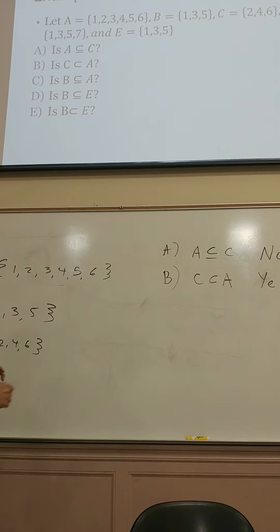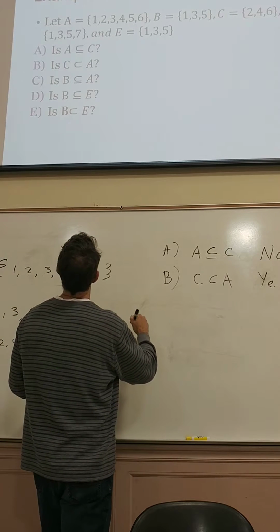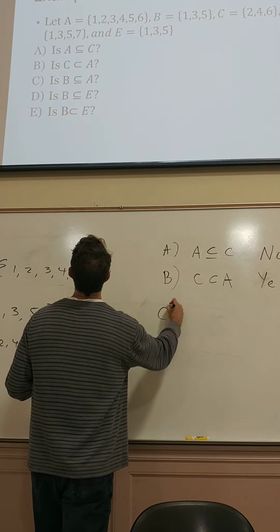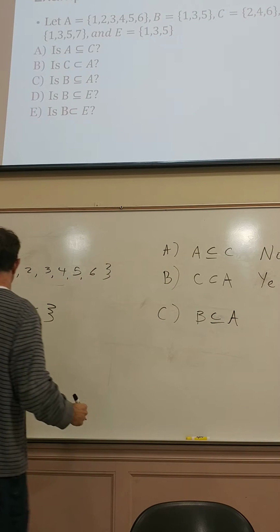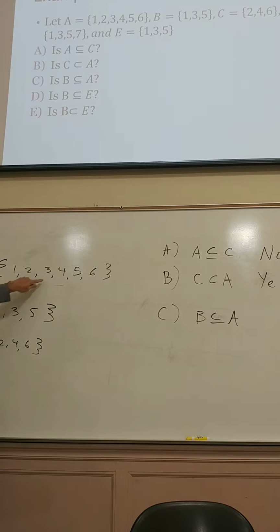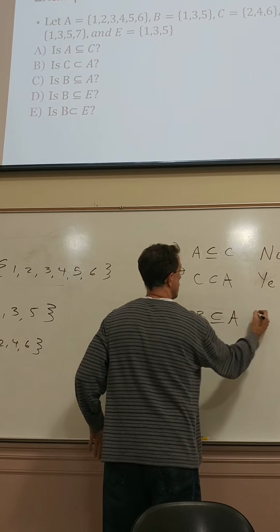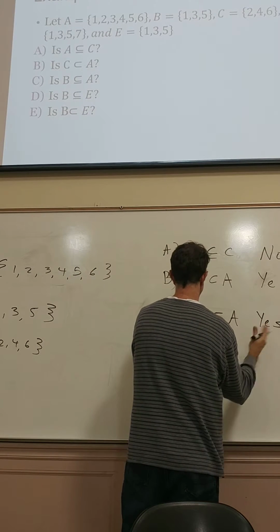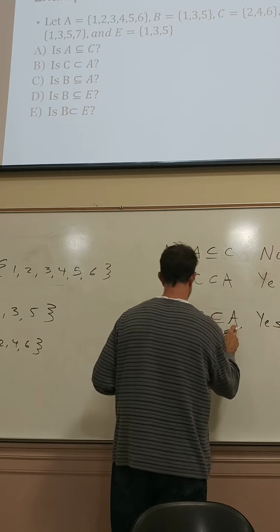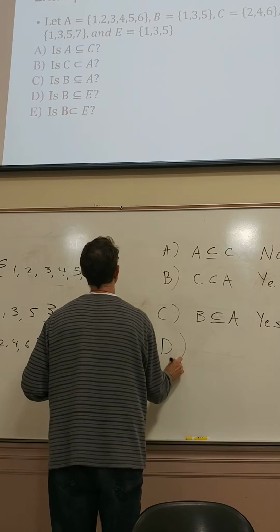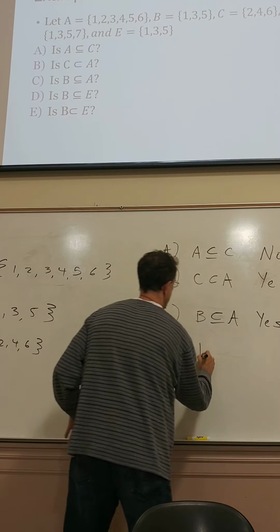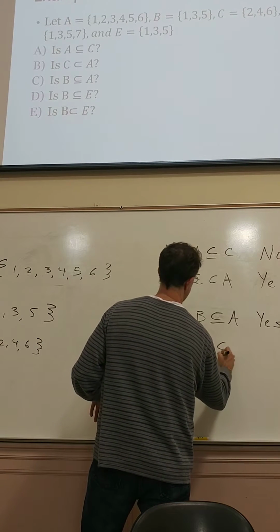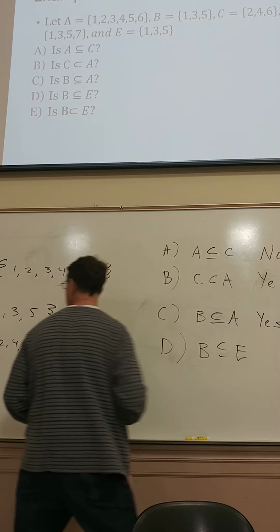Okay, is B a subset of A? And again, chasing elements, 1's there, 3's there, 5's there, so we're good. So we got containment. Everything in B is in A. Is B a subset of E?